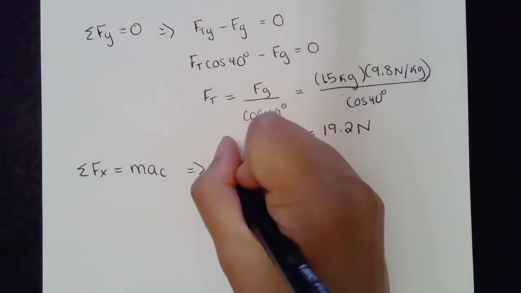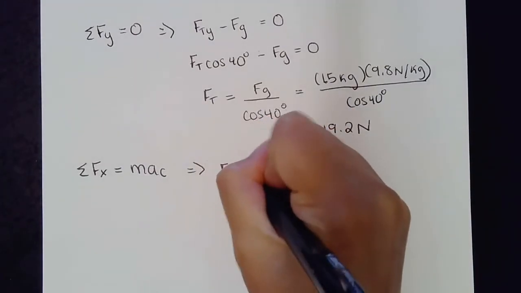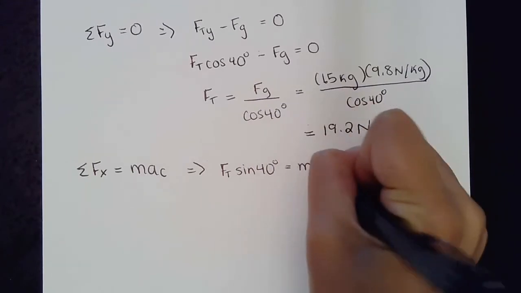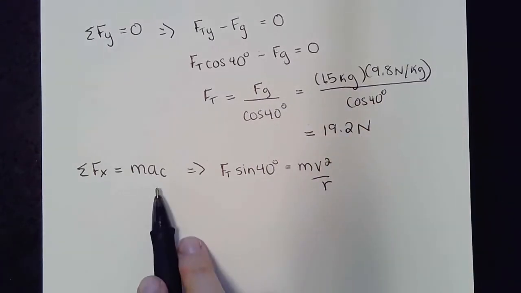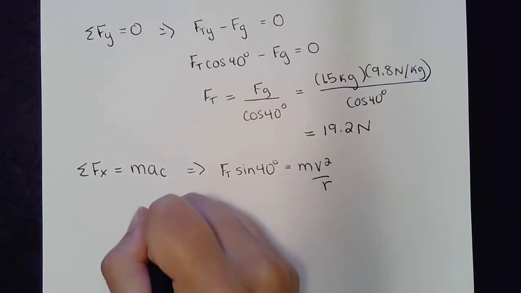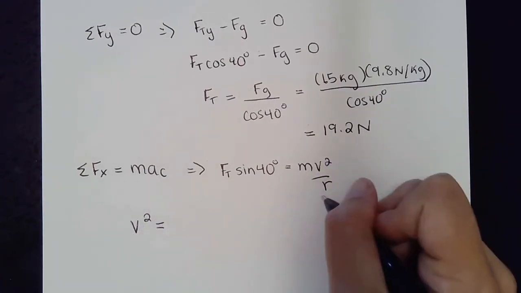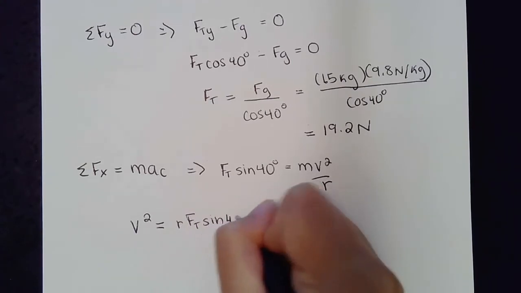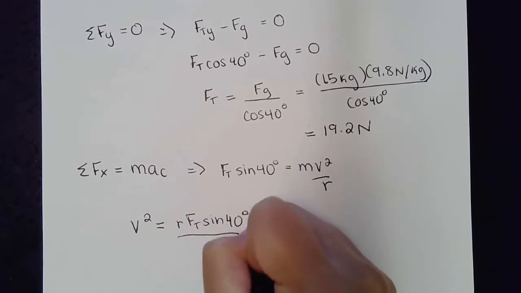So that's going to be Ft sine 40 equals m a_c, which is mv squared over r, so we can plug in for the centripetal acceleration here. And then solving for the speed, I have v squared equals r Ft sine 40 over m.